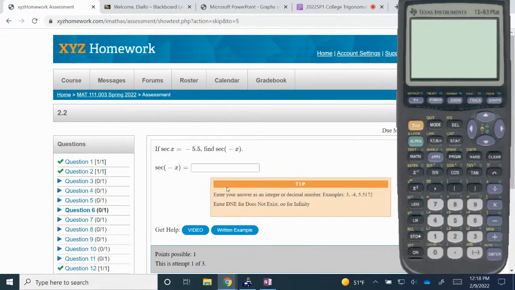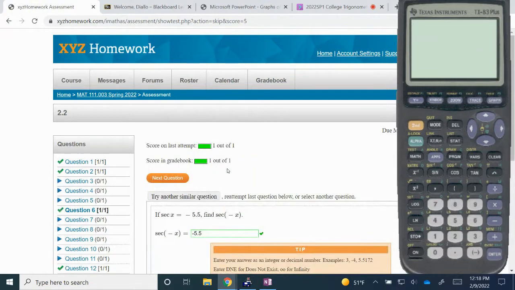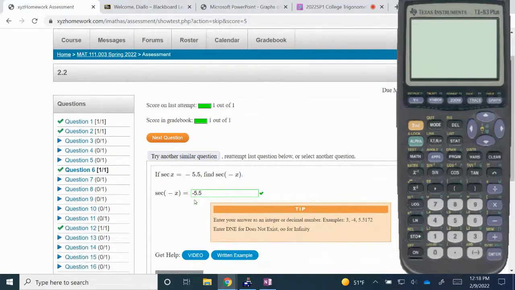So the secant of negative x, I believe it would be negative 5.5. All right, so that's using those negative number identities.